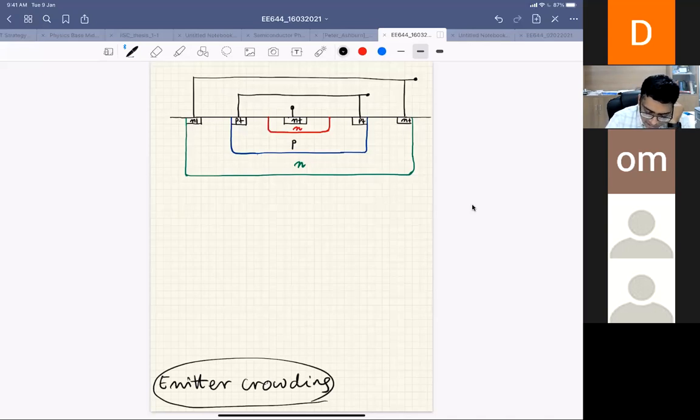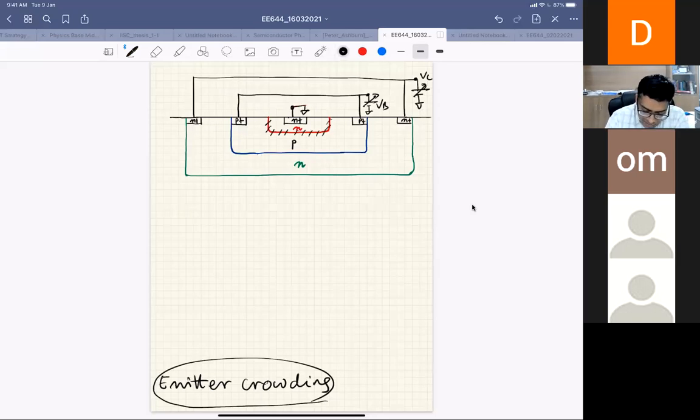That means I have connected this to ground here, and I give a positive voltage VB here, and I give a VC. So this is operating in the active mode. The emitter-base junction is forward biased.